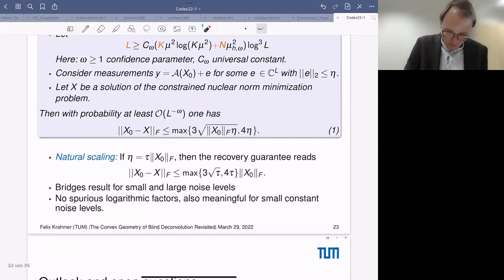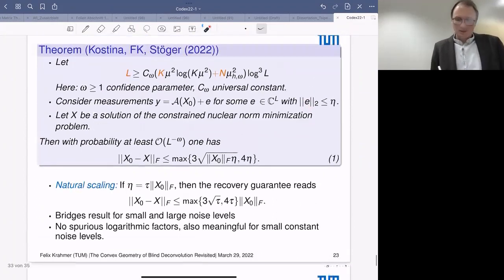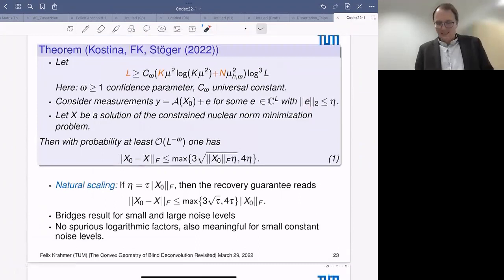And then what we found using our newest results is that this reconstruction error has 2 terms. There is a linear term, now truly linear, scaling like 4 times the noise level. And then there's this other term that is like the square root of the noise level.